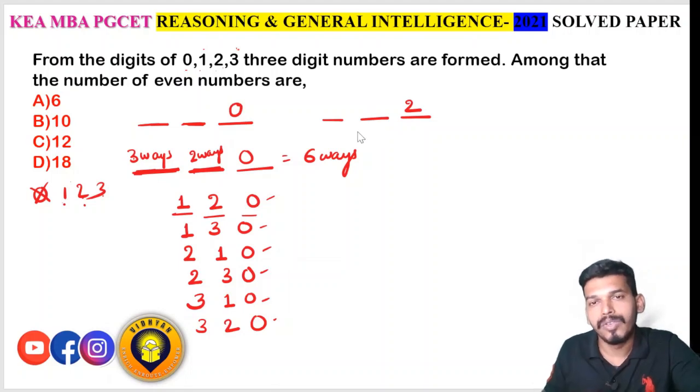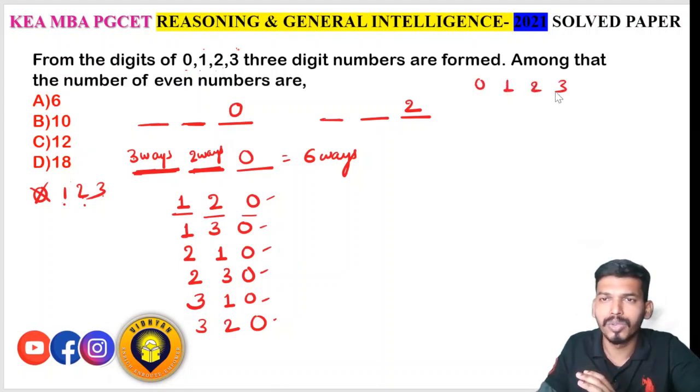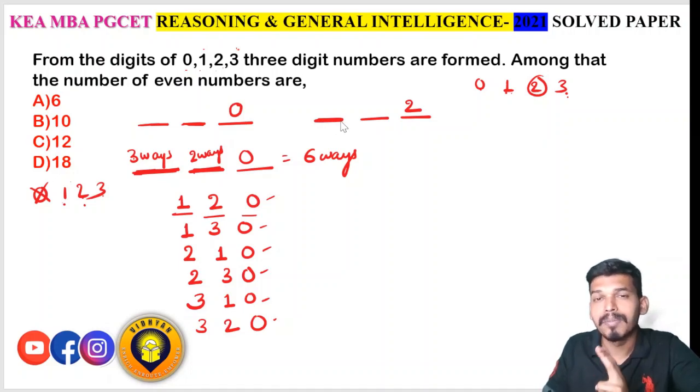Now when you are placing 2 in the last position, which are the remaining digits? See, from 0, 1, 2, 3 you have placed 2. Now you are left with 0, 1, 3, correct? So how many digits can you place in the first place? In the first place you can place only 2 digits, in 2 ways.